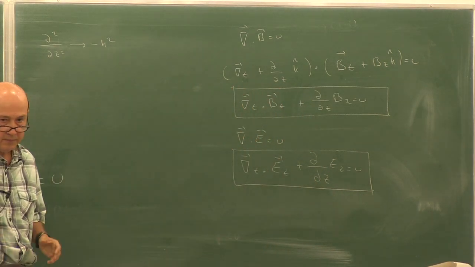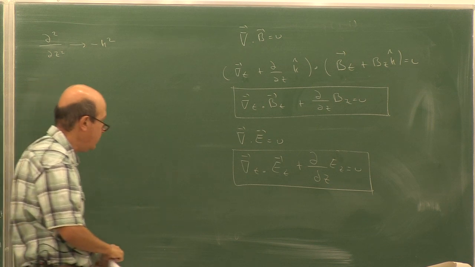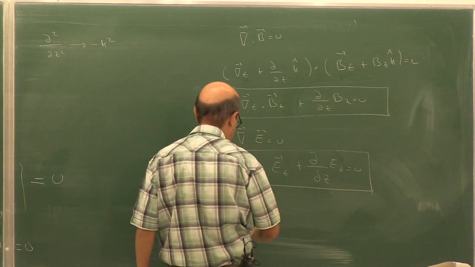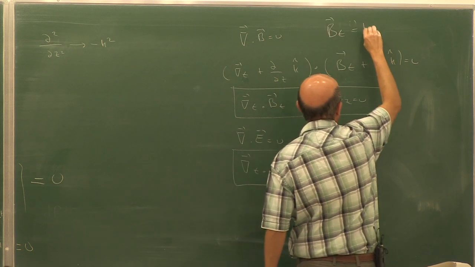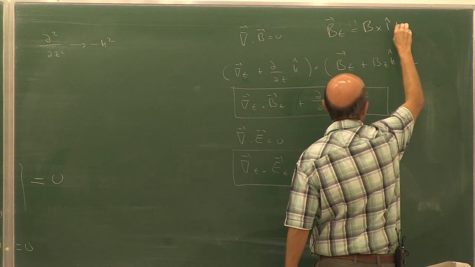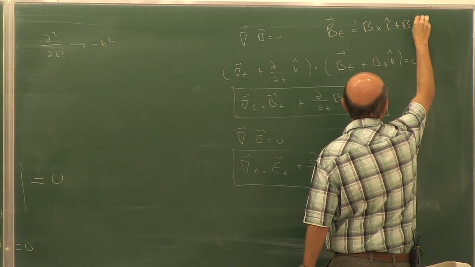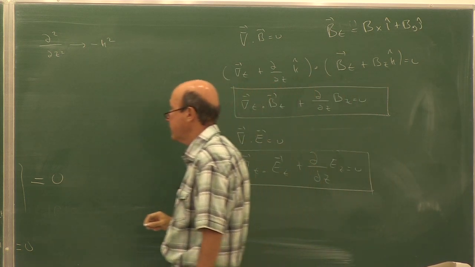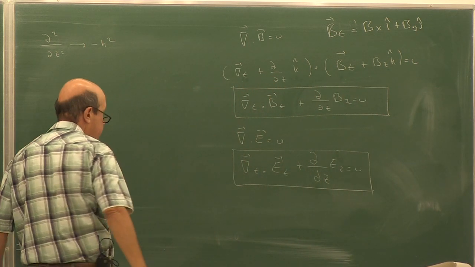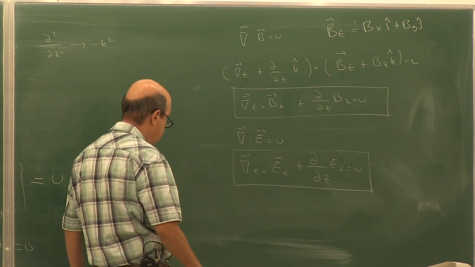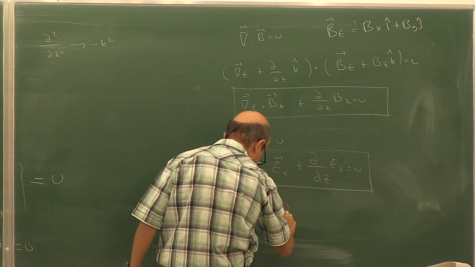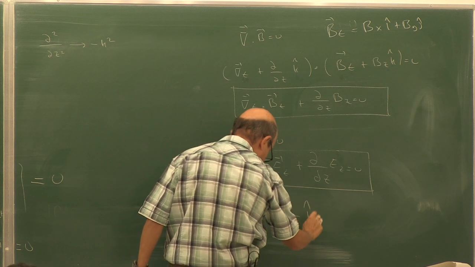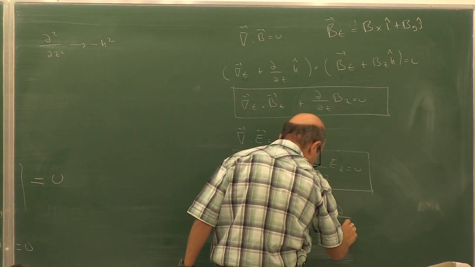In the same way, B transverse means that we have Bx i, By j, and the transverse gradient means del over del x i, del over del y j.